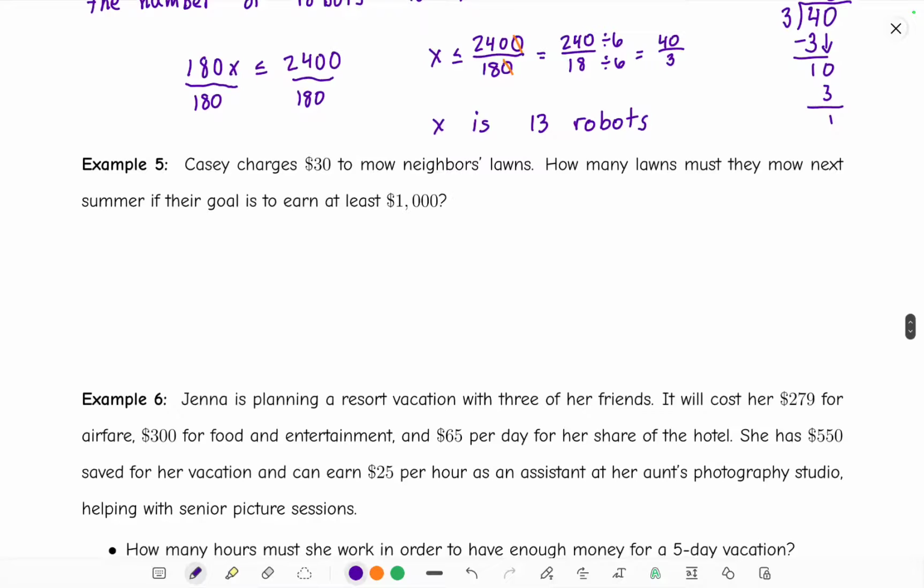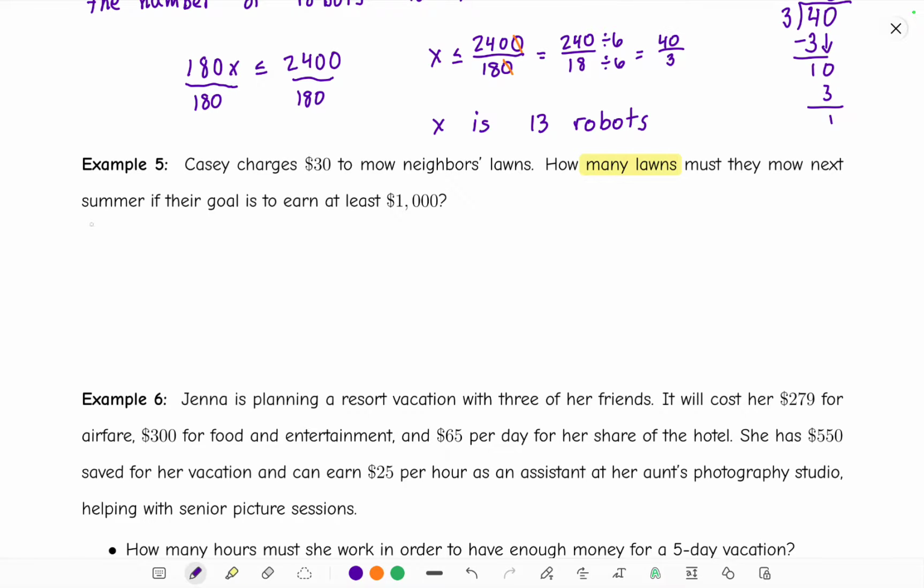Example 5. Casey charges $30 to mow neighbors' lawns. How many lawns must they mow next summer if their goal is to earn at least $1,000? So what we're looking for is how many lawns.